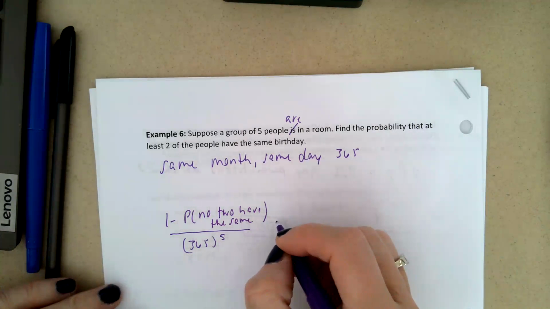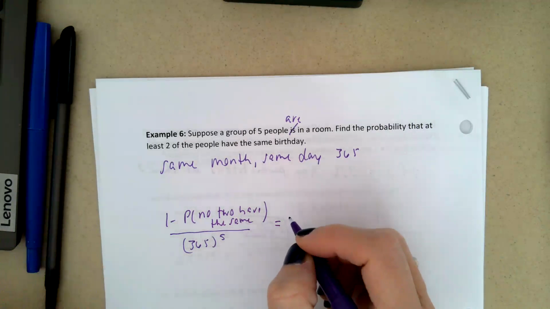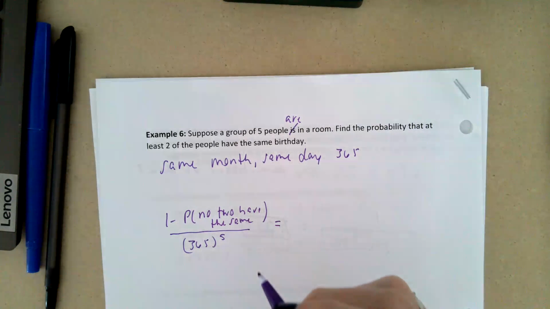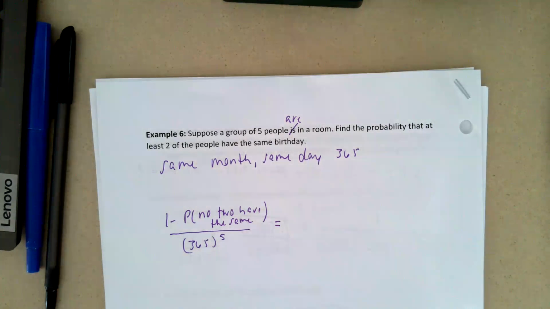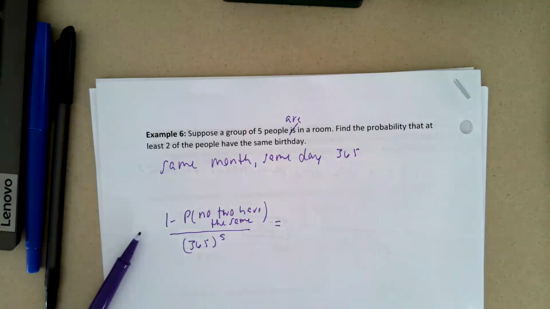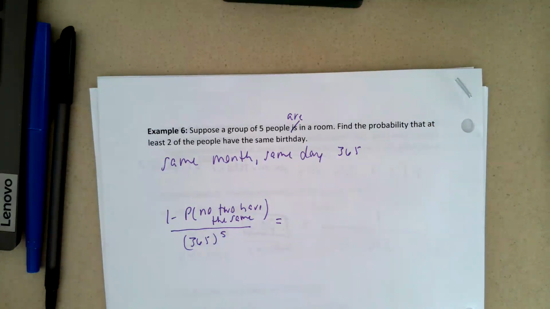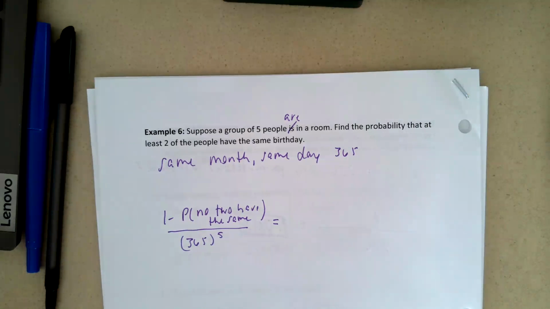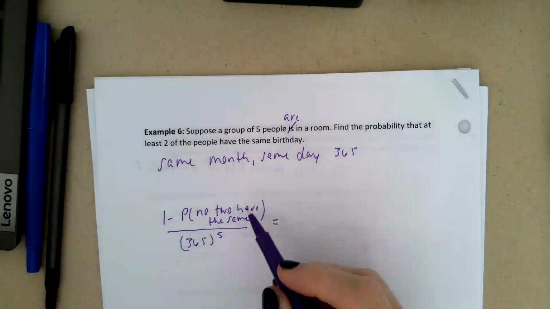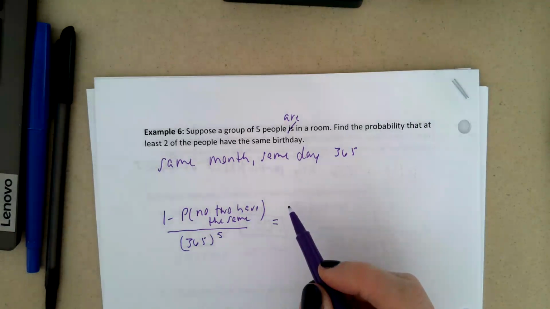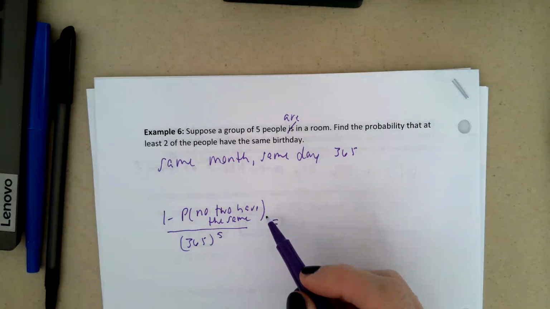So we have to use permutations here because the ordering matters of how you pick them.